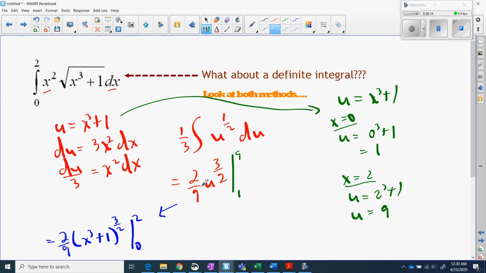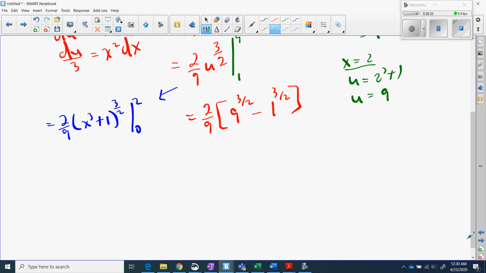Let's continue with this one just because we have done quite a bit into it. So the answer now would be 2/9. That constant, I'm just going to pull out front. u, so 9 to the 3 halves minus 1 to the 3 halves. And we have 2/9 fraction exponents.